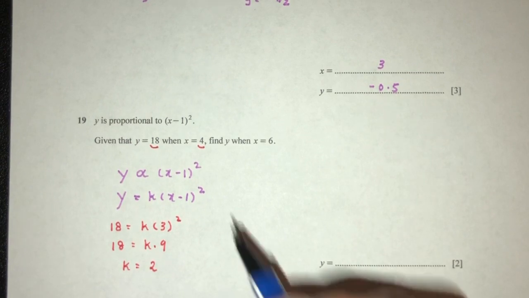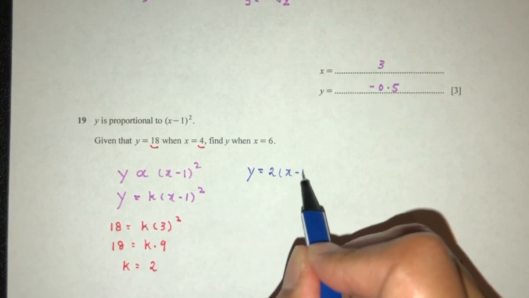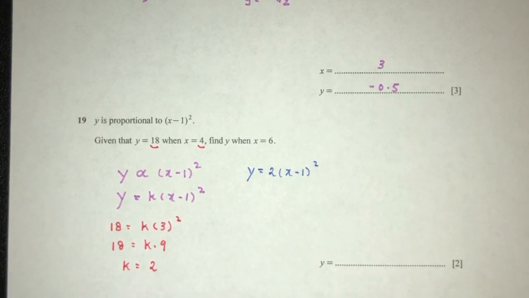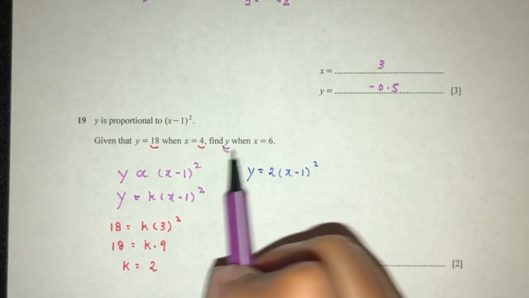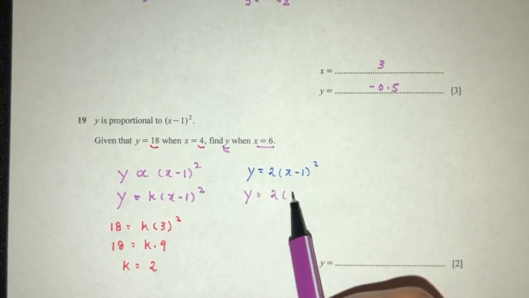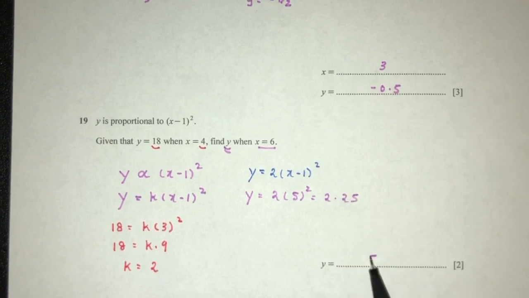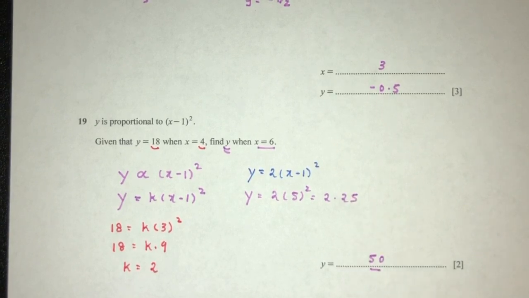So right now we have the equation y equals 2(x minus 1) squared. Using that, we have to find the value of y when x is 6. That will be y equals 2 times (6 minus 1) squared, 5 squared, which is 2 times 25. That should be 50. That is question 19.